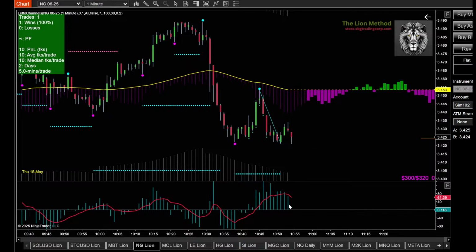Still we have a strong upward delta even though price was falling. So I'm going to say delta is going to lead this charge. I think that this is a bottom getting put in.